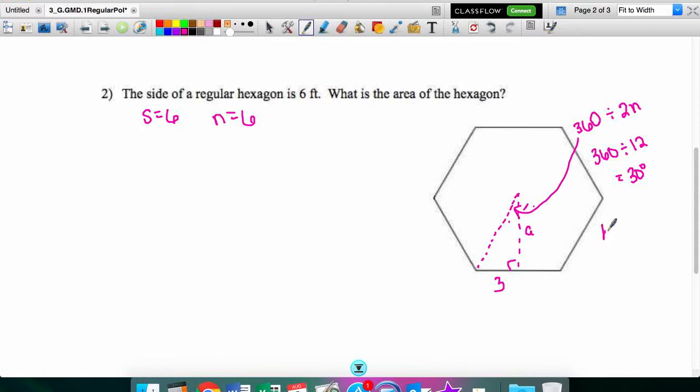I'll say it again. Hexagons and equilateral triangles will be 30, 60, 90. Whereas squares will be 45, 45, 90.